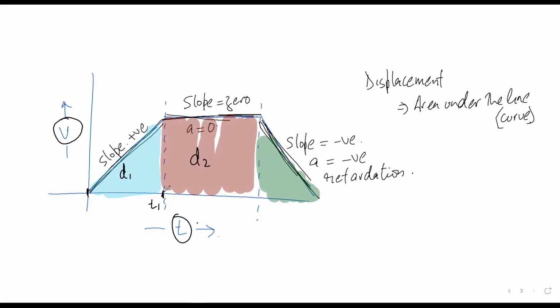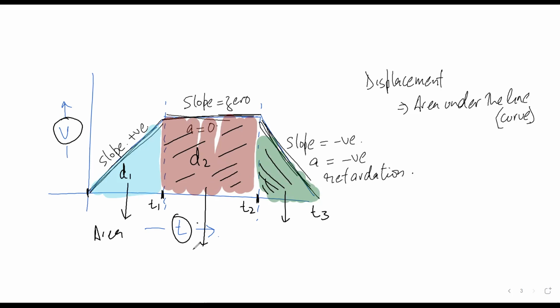The displacement from T1 to T2 would be this area, and displacement from T2 to T3 would be this area.